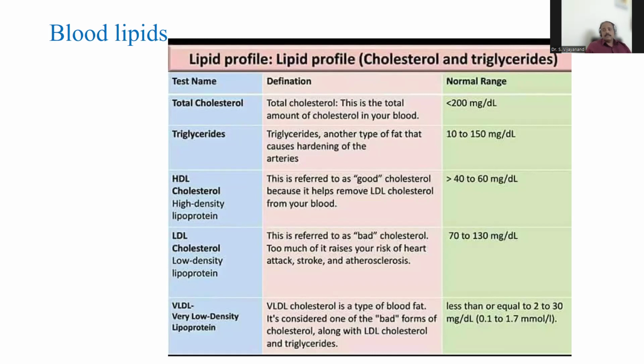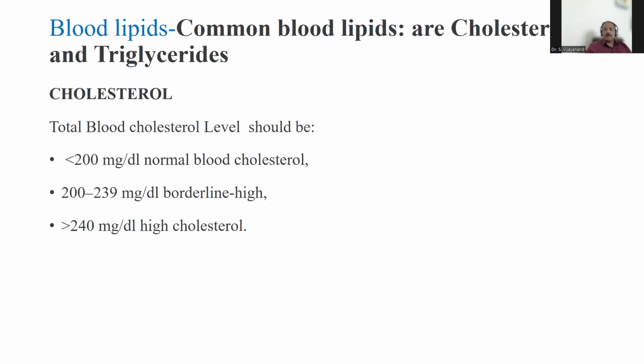The normal range of low density lipoprotein is between 70 and 130 mg per deciliter, whereas for very low density lipoprotein, a range of less than 30 mg per deciliter is considered normal. We need to have an idea of these lipid profiles, so that it helps in understanding the metabolism very well.